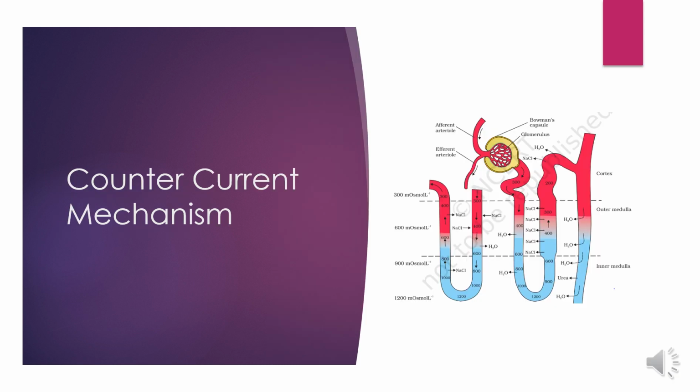Till now, we have studied that in the PCT, the filtrate is isotonic to the blood plasma, and then it becomes hypertonic to blood plasma in the descending limb of the loop of Henle, and in the ascending limb it becomes hypotonic to blood plasma. And in the collecting duct, further reabsorption occurs, which makes the filtrate hypertonic. Thus the human urine is hypertonic.